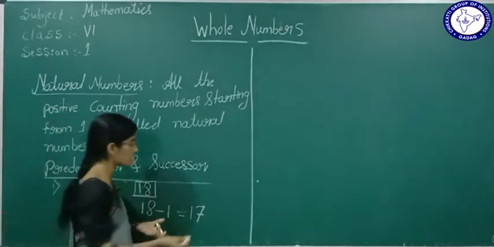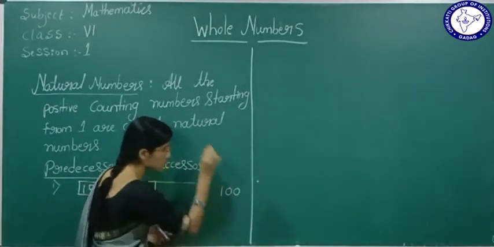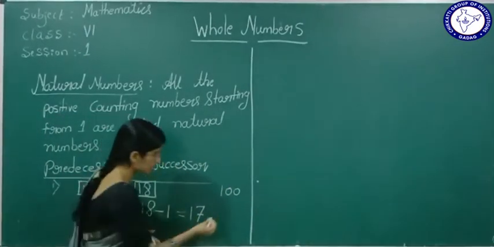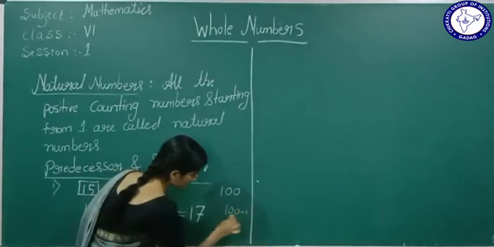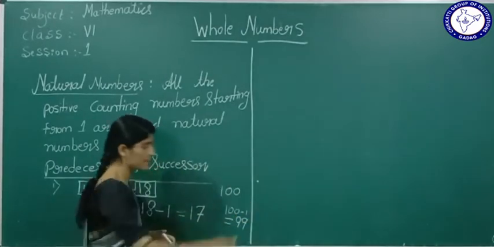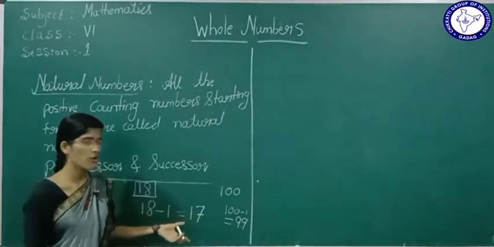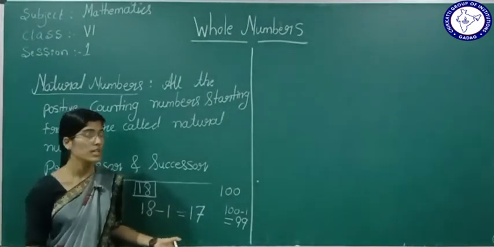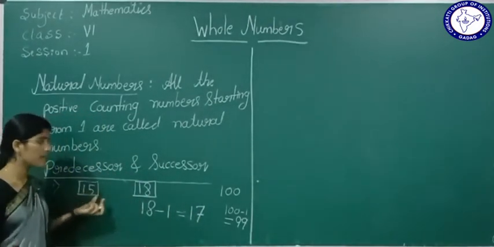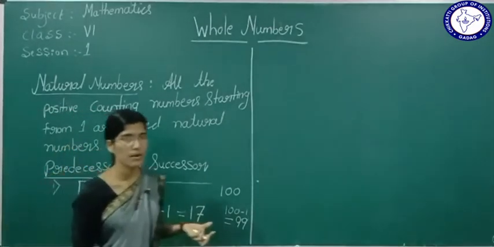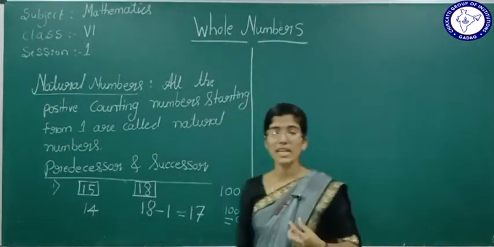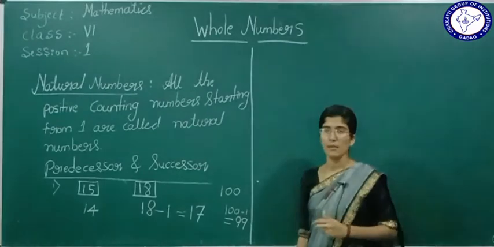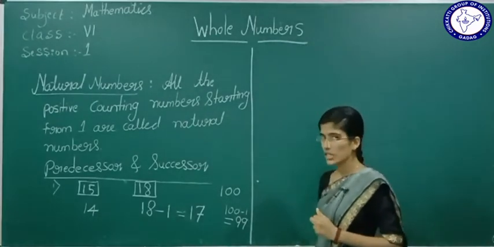If I ask you what is the predecessor of 100? That is 100 minus 1. It will be 99. 99 is the predecessor of 100. If you subtract 1 from any natural number, we will get a predecessor of that number. Yes, you have learnt in your class, right?